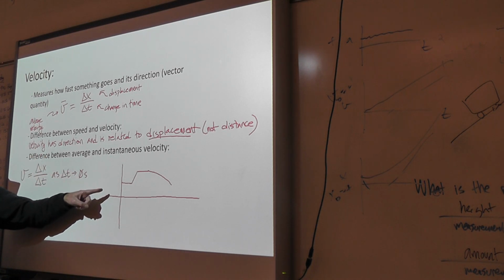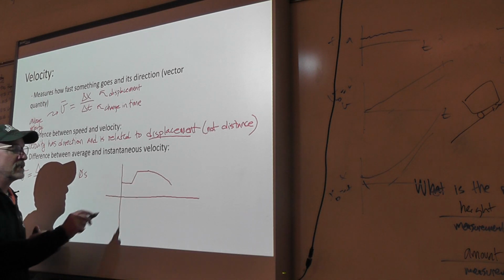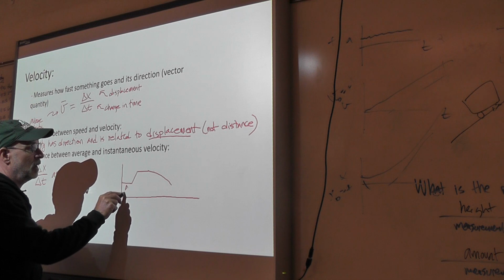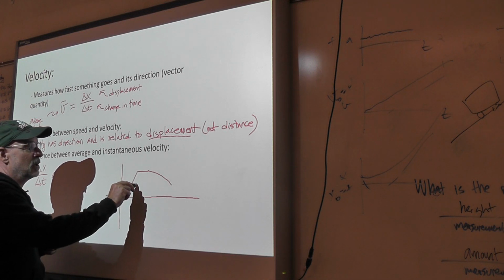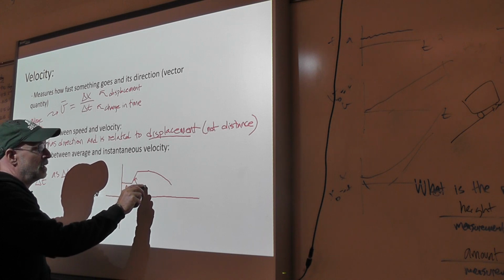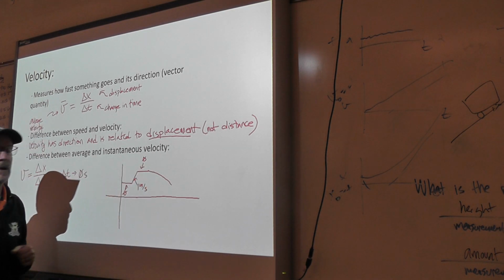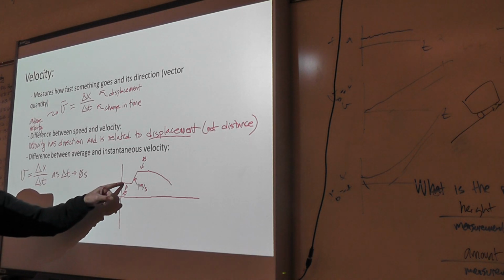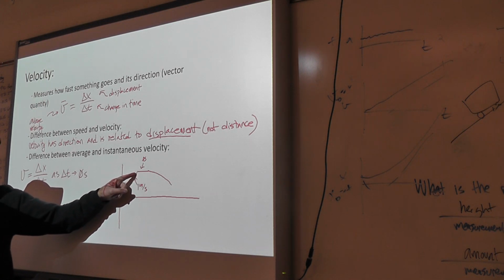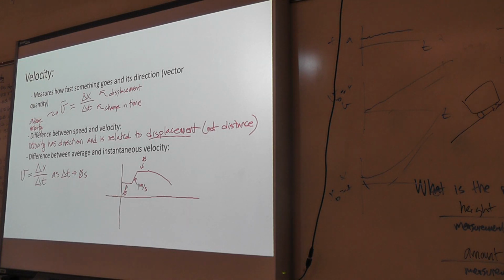If I want to know the velocity at any time, I'm going to find the slope. What's the slope right here? Well, it's 0. What's the slope right here? You figured out the slope right there was positive 1 meter per second. What's the slope right here? It's 0 again. The instantaneous velocity at all these points is equal to the slope of those line segments.